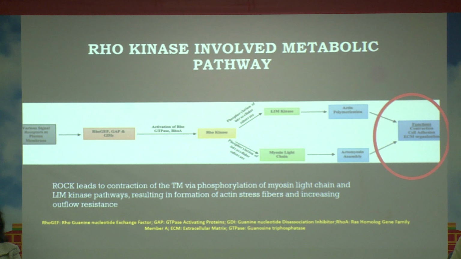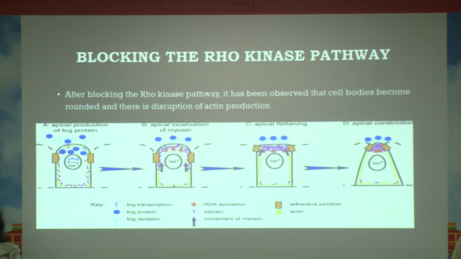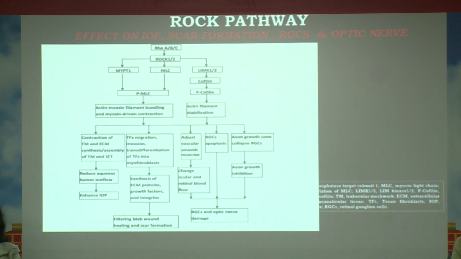And Rho kinase inhibitors, how do they act? They act at the subcellular level. I'll just explain this slide. You will find that at the margin of the trabecular meshwork cell, you have actin-myosin complexes. And these actin-myosin complexes, when they get aggregated, cause rounding of the tip of the trabecular meshwork cell. And so what happens is, at the subcellular level, the pore size in the trabecular meshwork increases and the outflow resistance decreases.